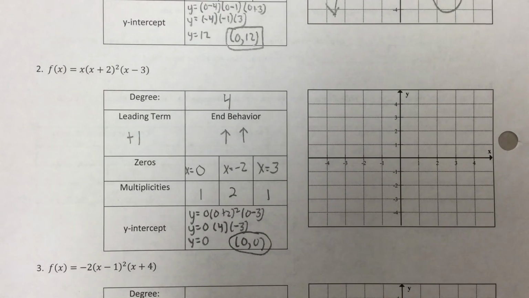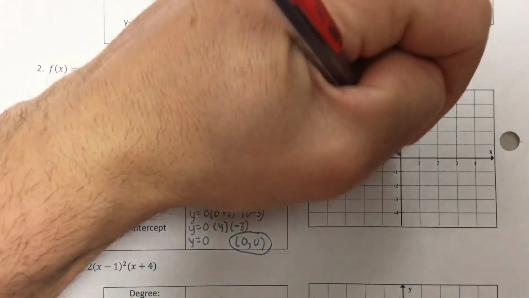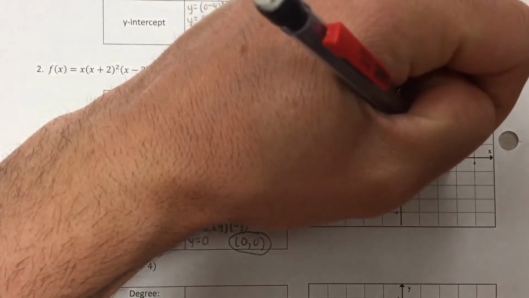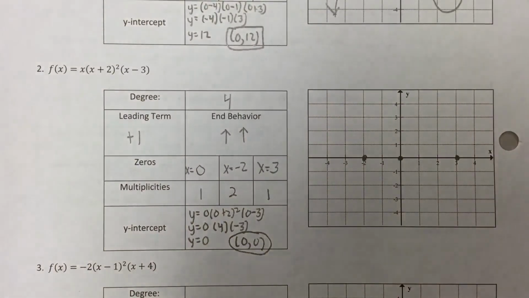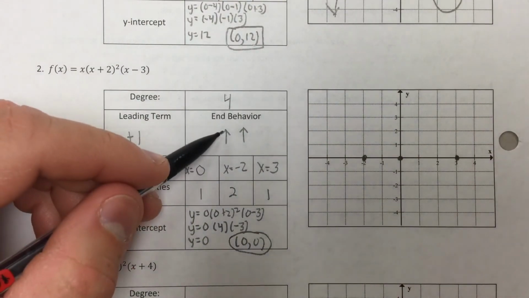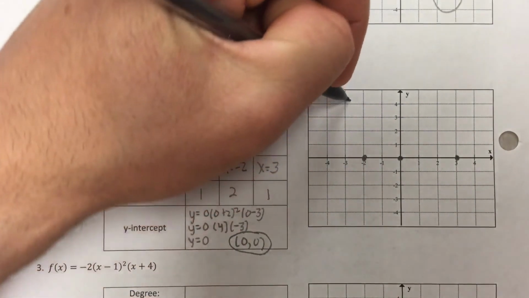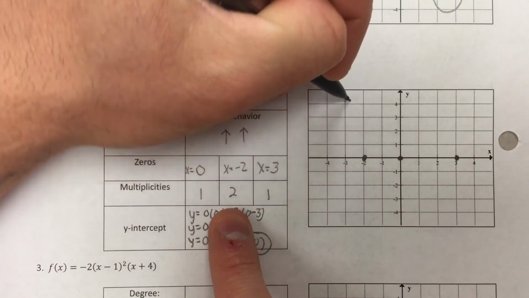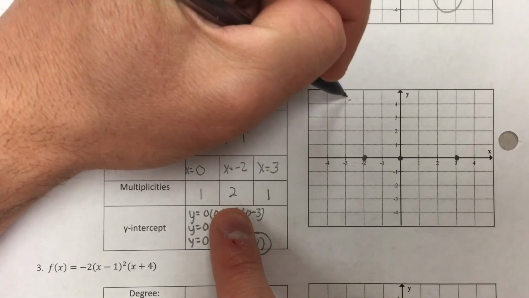All right, so here we go. We're going to plot our zeros. So I have one at 0, 0, -2, 0, and then 3, 0. Those are my zeros. My behavior has to start in the positive, and just be careful of your multiplicities now. I have a multiplicity of 2 at the -2, so that means I'm going to bounce at the -2.